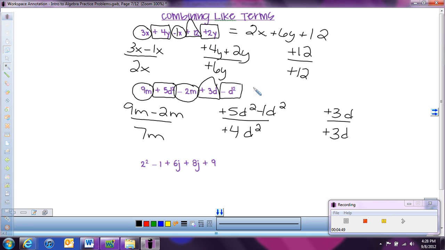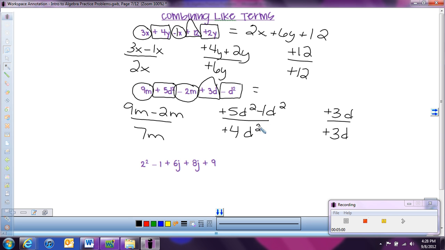So now I'm going to write my final answer with all of our terms next to each other, and I'm going to put it in alphabetical descending order. So I have an m, a b squared, and a b. I know that b is going to come before m, so that'll be alphabetical order, and then to put it in descending order means that whatever is the highest power of those will come first.